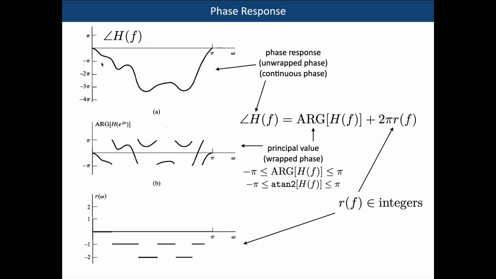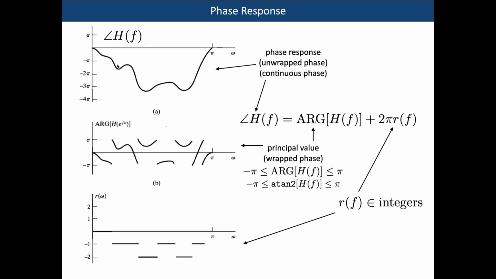So here we have a situation where the continuous phase response of the system lies outside the range minus pi to pi, but when we do calculations on a computer using the arctan function, it's always going to give us the phase response modulo 2 pi in this interval from minus pi to pi.